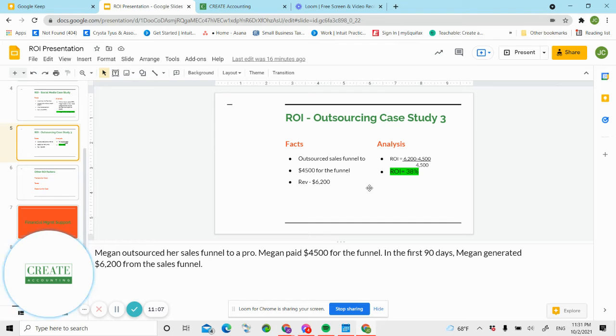So if you ask 3 different people, this is why it's important to shop around. If you ask 3 different people who create sales funnels what their basic price is and what their expected ROI is for each project, then you can determine a base price, and you can just say, okay, is this $4,500 reasonable to spend?